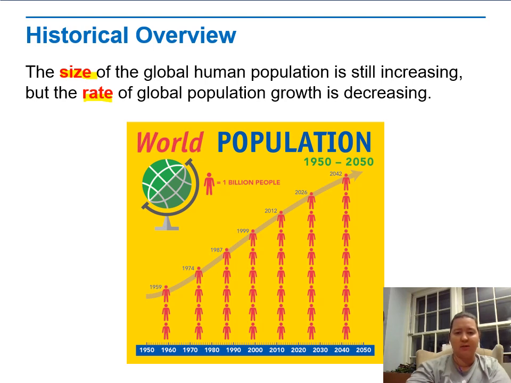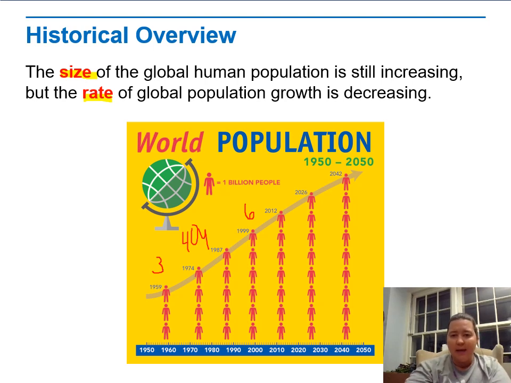Each person is 3, so we had 3. We ended up getting 6 billion people in 1999. So that's 40 years. We doubled the population size.